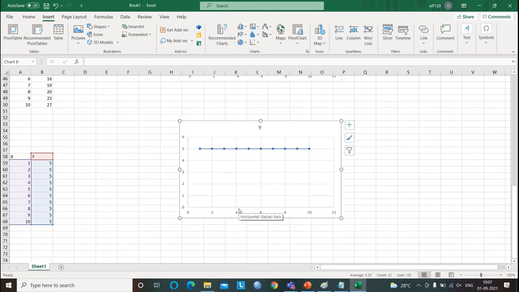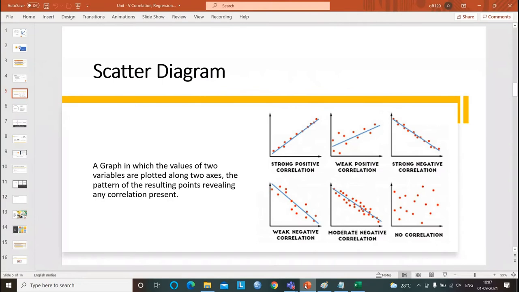That means though there is a change in x value, there is no change in y value. That means x value is not going to affect y value. So in such cases, we say that x and y are not correlated. That means if there is no effect of x on y, then we say that there is no correlation.